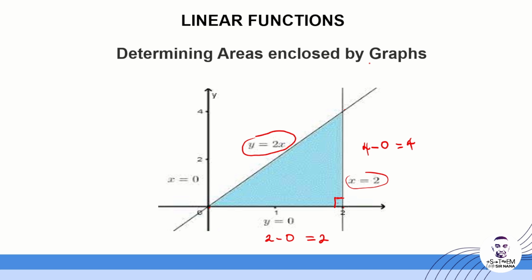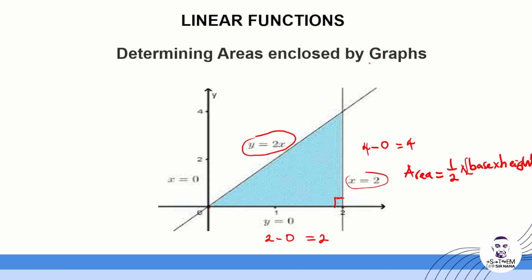Now, since it's a right angle triangle, we know the formula for finding the area will be equal to half multiplying the base times the height, right? So we need to have an idea of how to find the area of shapes, because the shape here is a right angle triangle, and that is half multiplying the base times the height.